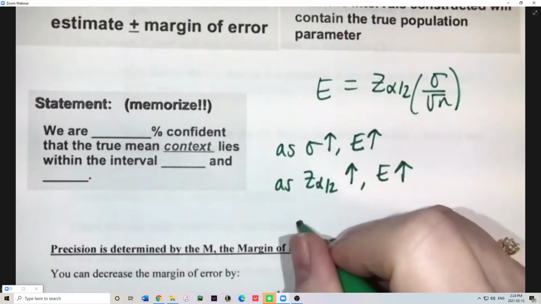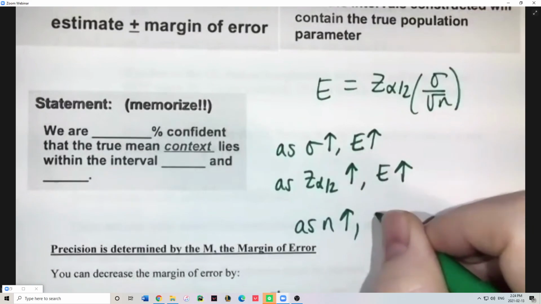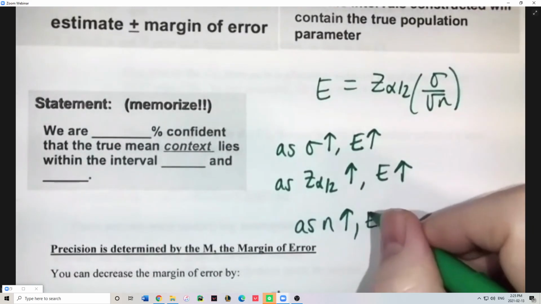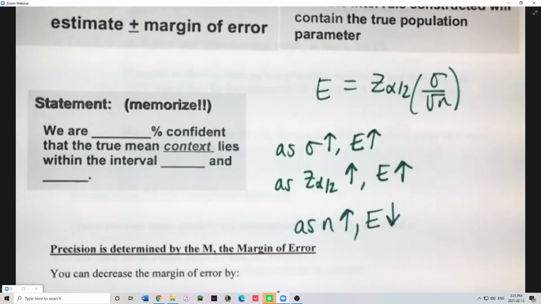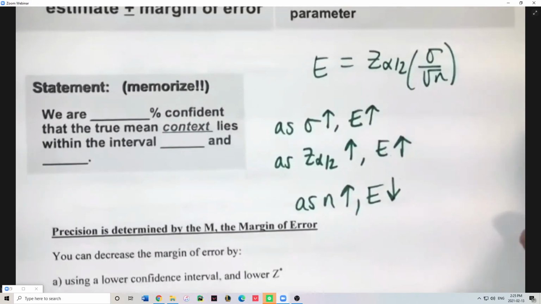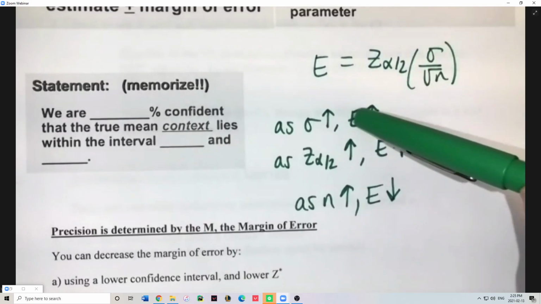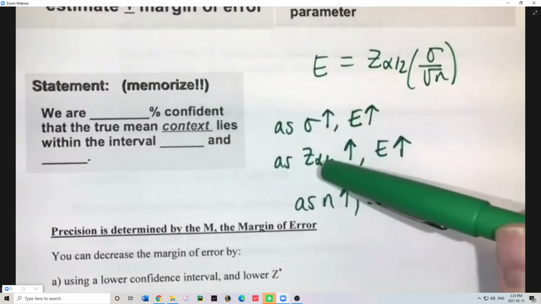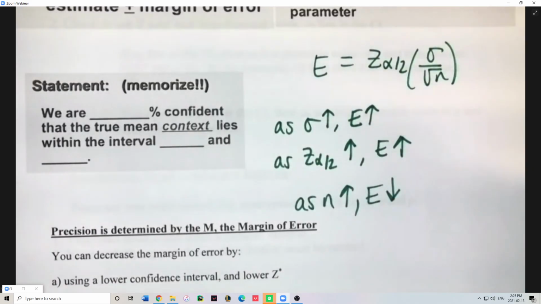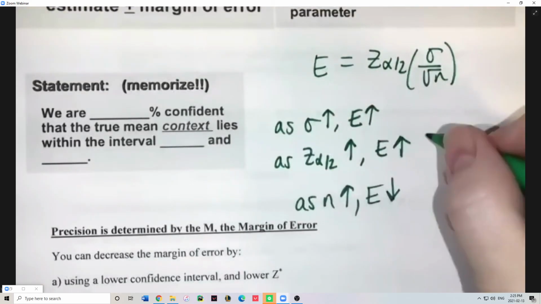But as n increases, n is on the bottom, so the margin of error goes down. So n and E are inversely related, whereas sigma and E, and Z alpha over 2 and E, are directly related.